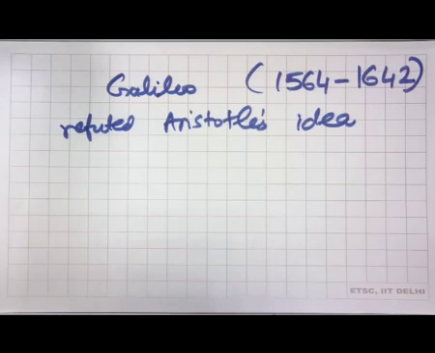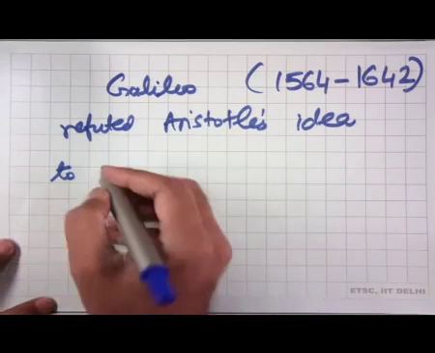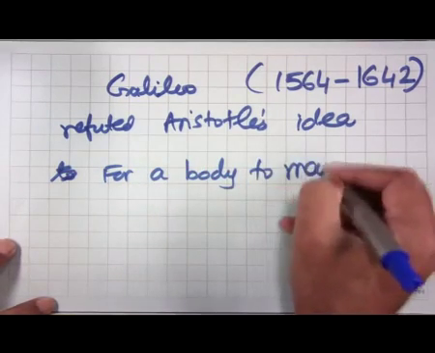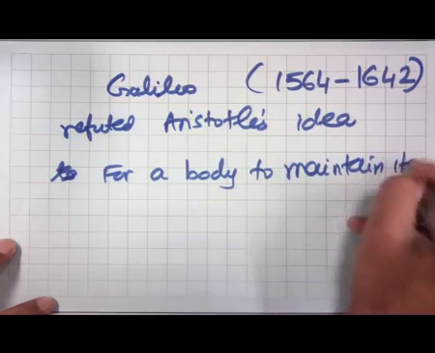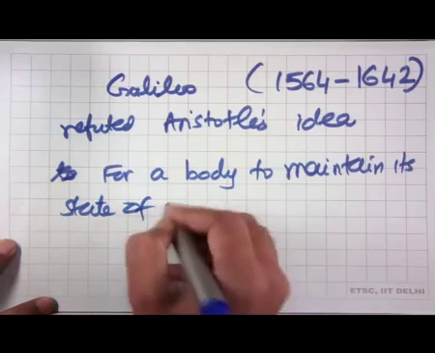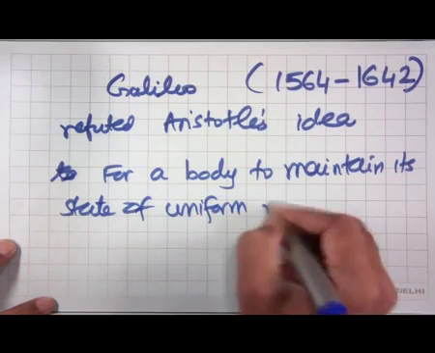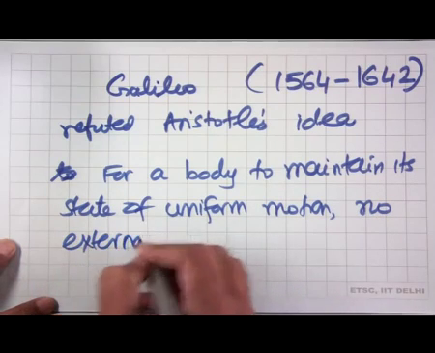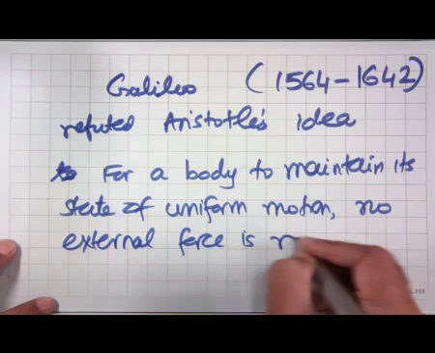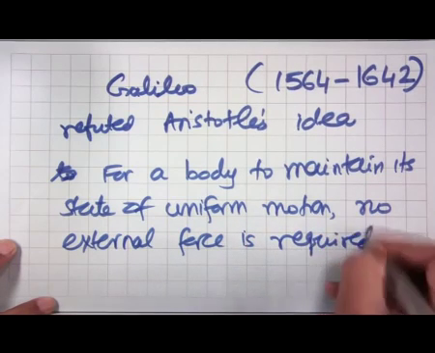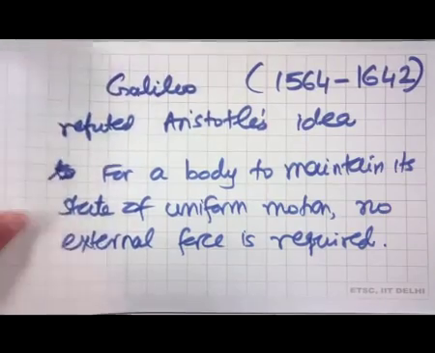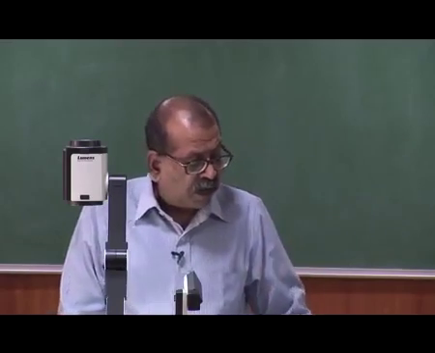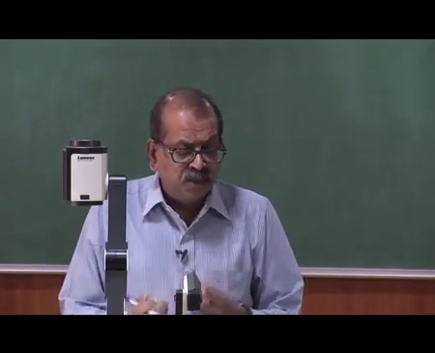What he said was that for a body to maintain its state of uniform motion, no external force is required. And how did Galileo get this? Let us try to see. There were some very nice insights because of which Galileo could make these observations.